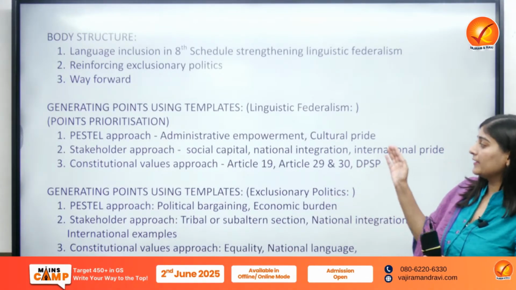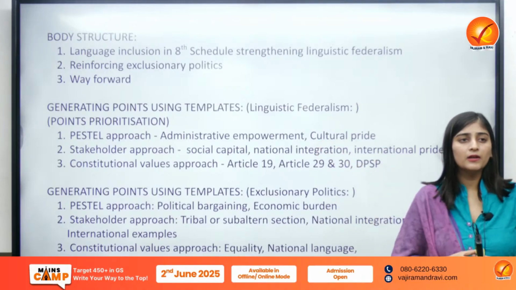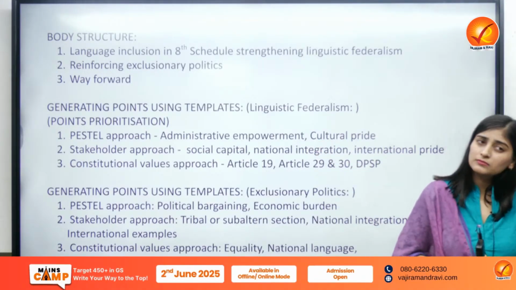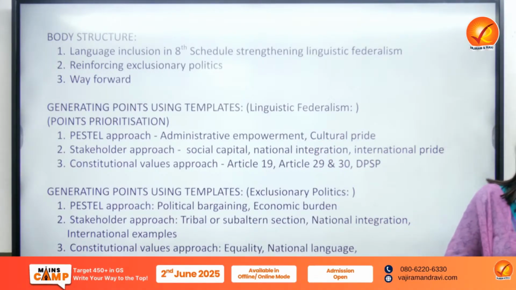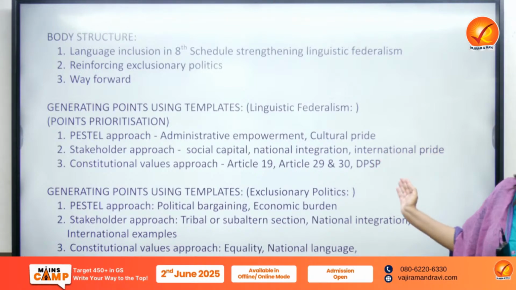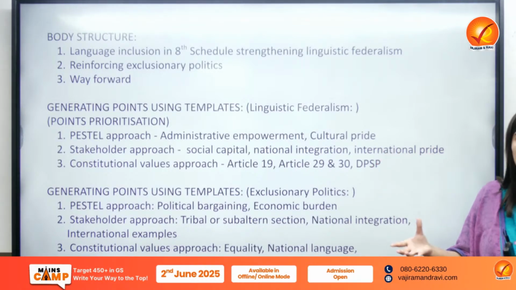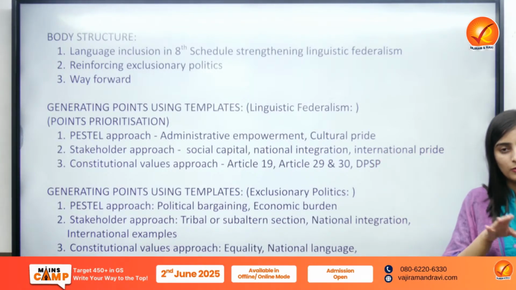International pride. Again, their language could be... there are translators in United Nations and different bodies. There could be more translators, and their language could be spread to different bodies. So that will also create an international pride for the speakers of those languages and the whole country.